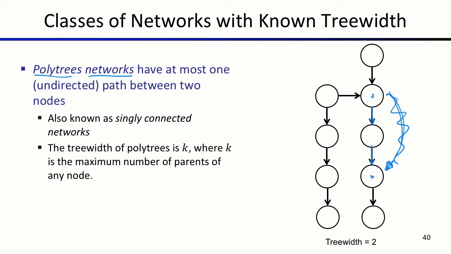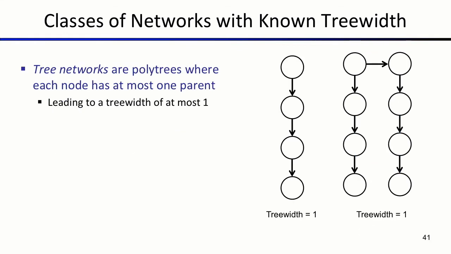So we call these singly connected networks. It's another name for the polytree networks, and it becomes simple to compute the tree width because the only factor that will affect the tree width is the number of parents. So if the maximum number of parents is k, we know that the tree width of the polytree is also k.